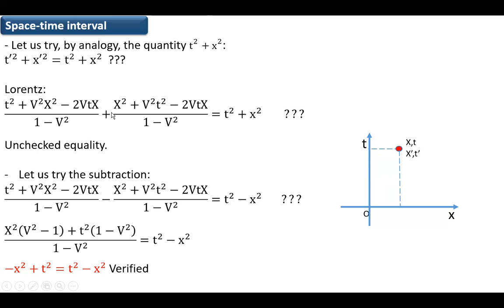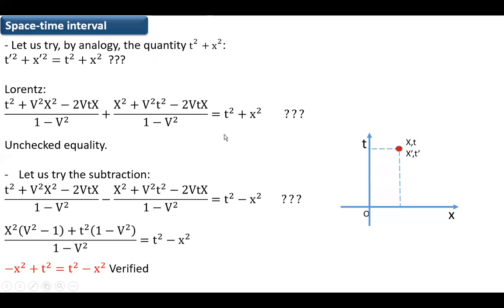It is not true because you have minus 2vtx and minus 2vtx that don't cancel. So this equality is not true. So the quantity t squared plus x squared is not an invariant of space-time. You cannot use it to define physical laws. So we need another quantity. It's not that difficult because if you have minus 2vtx and minus 2vtx, if you put a minus sign here, you can cancel these quantities.